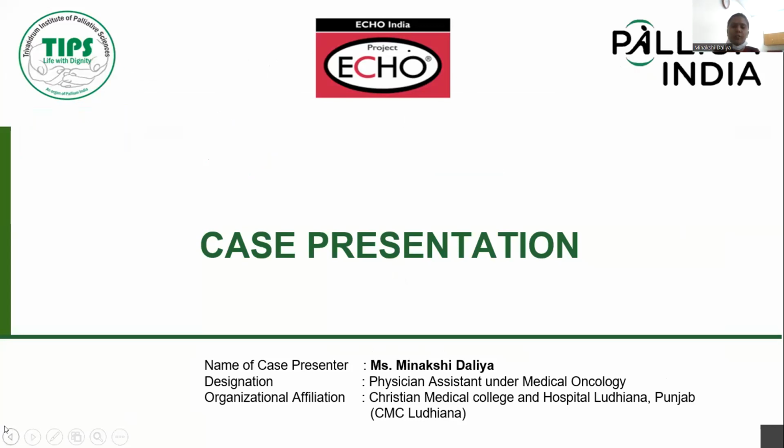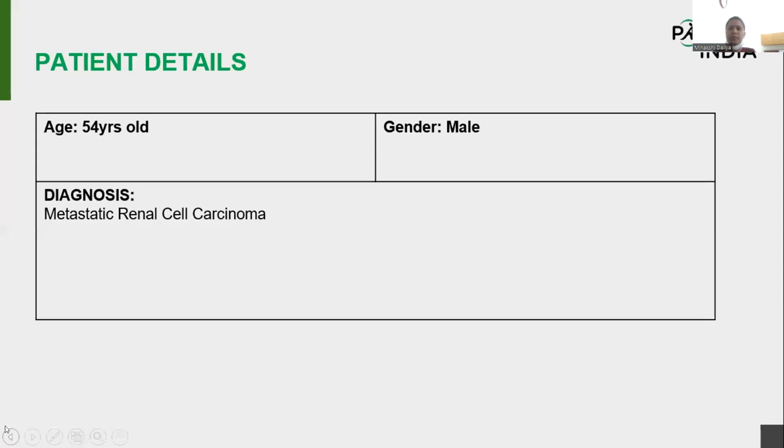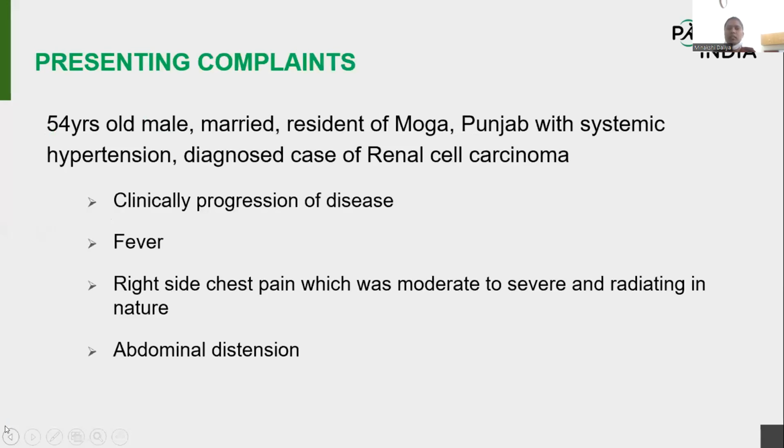Good afternoon, everyone. This is Meenakshi Dalia, and I'm a physician assistant under medical oncology, Christian Medical College and Hospital, Ludhiana. So it was a 54-year-old male, married, resident of Moga, Punjab, with systemic hypertension, diagnosed case of metastatic renal cell carcinoma.